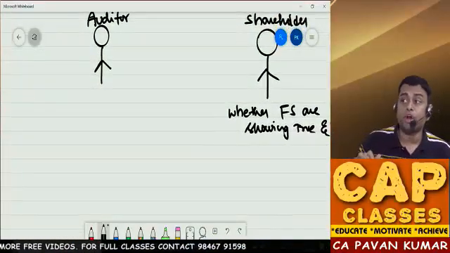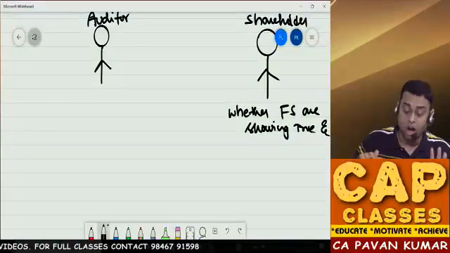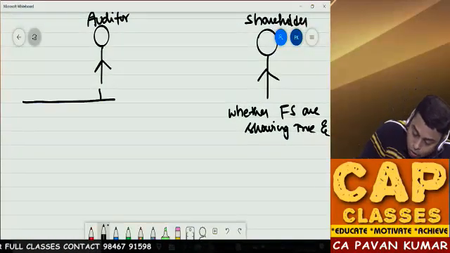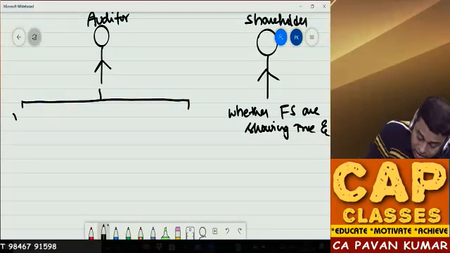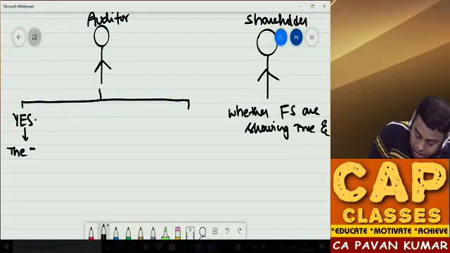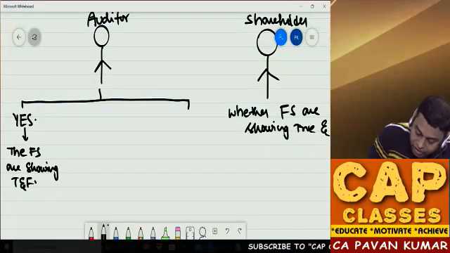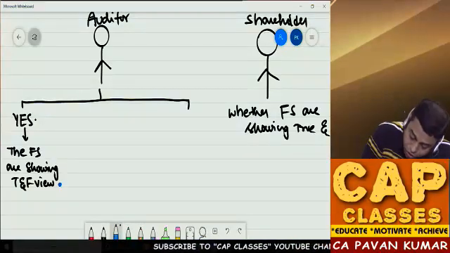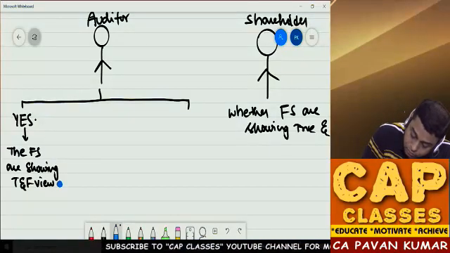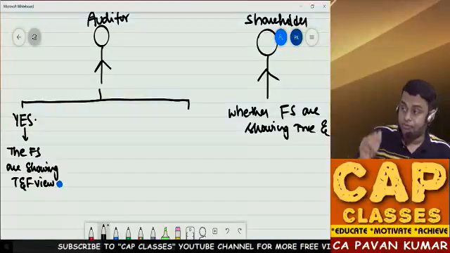The auditor can probably give four types of answers. What are they? One is yes, the financial statements are showing a true and fair view, and after this he puts a full stop.